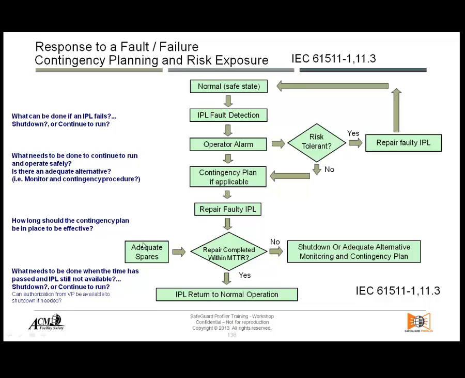So then again, how long should the contingency plan be in place to be effective? What happens if your mean time to restoration went through and you haven't fixed your problem yet? So what do you do then? You ask again the question, what needs to be done this time that has passed and this IPL is still not available?